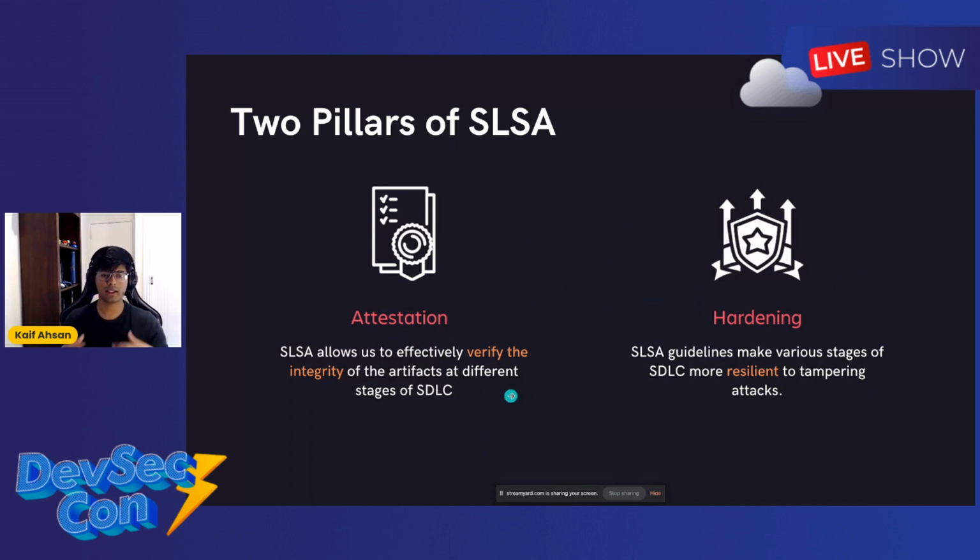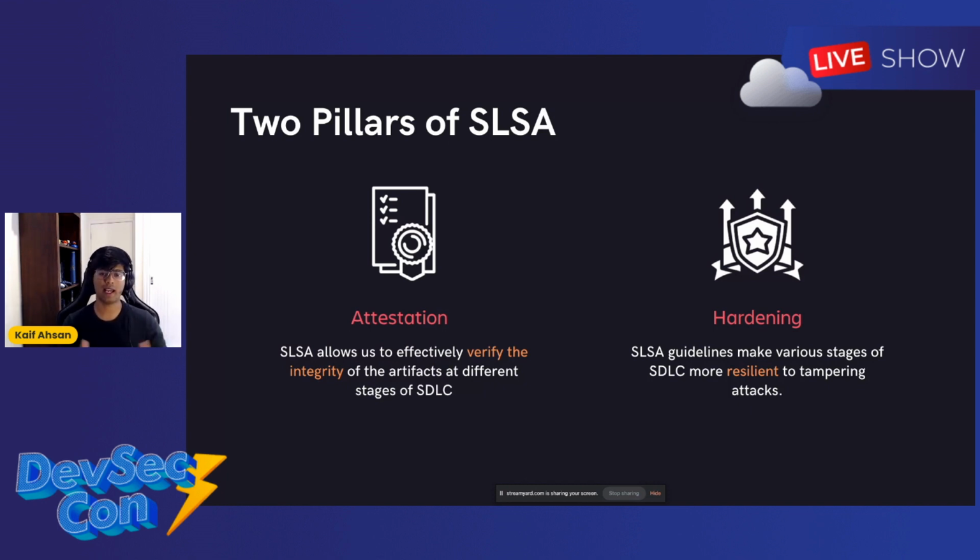So remember the problem that throughout our software development lifecycle, we had no way to check: has this piece of software been tampered with? Has some malicious actor compromised it? So attestation using SLSA and the checklist it provides, throughout that software development lifecycle, you can basically check whether something has been tampered with or not.